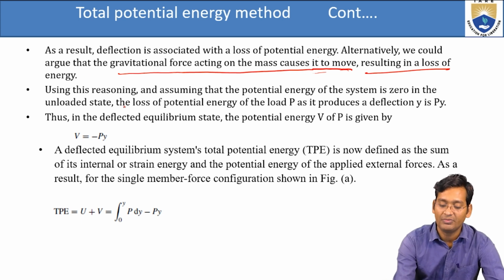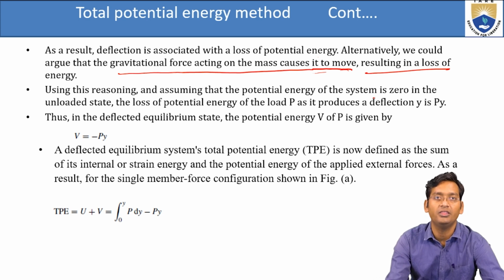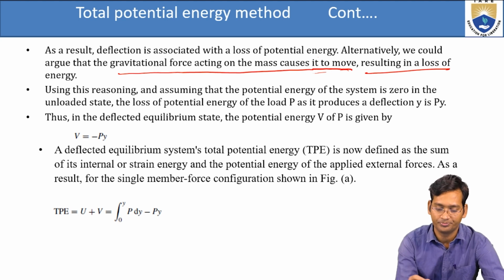Using this reasoning, we assume that the potential energy of the system is 0 in the unloaded state, because the mass is not there, so the potential energy is 0.